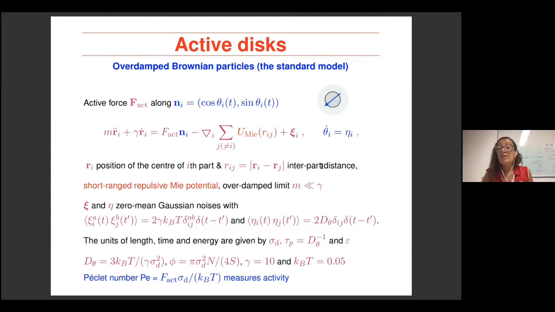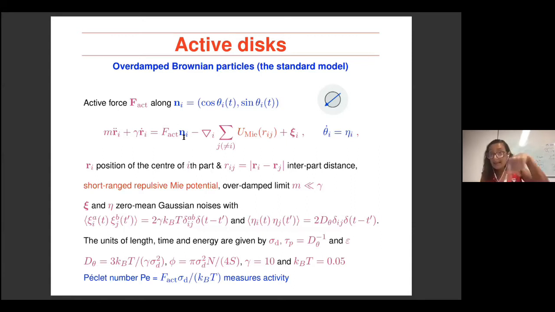And then you have translational noise, white noise, which is related to this gamma R dot via the usual fluctuation dissipation relations for the bath. Okay, so this is equilibrium noise related to the dissipation, but this is the energy injection term that you have in the equations of motion.